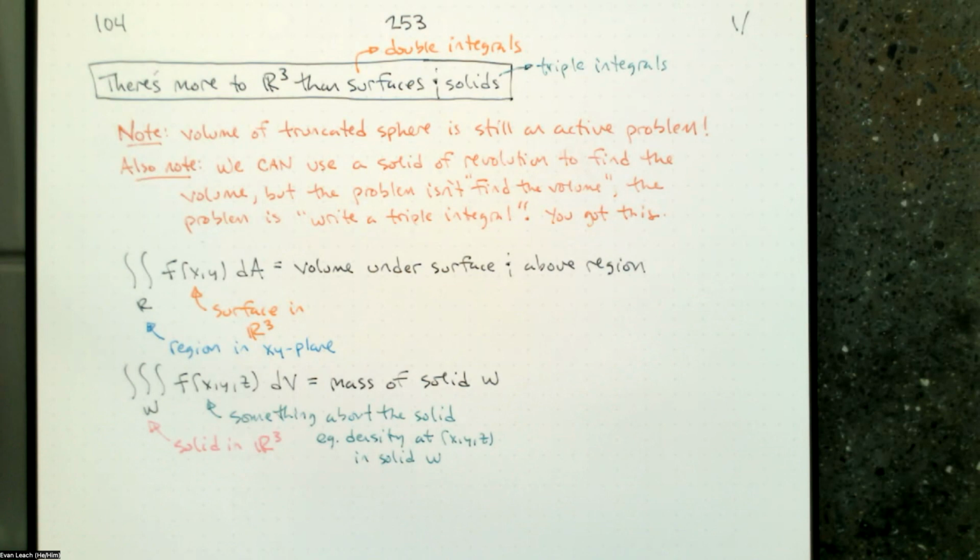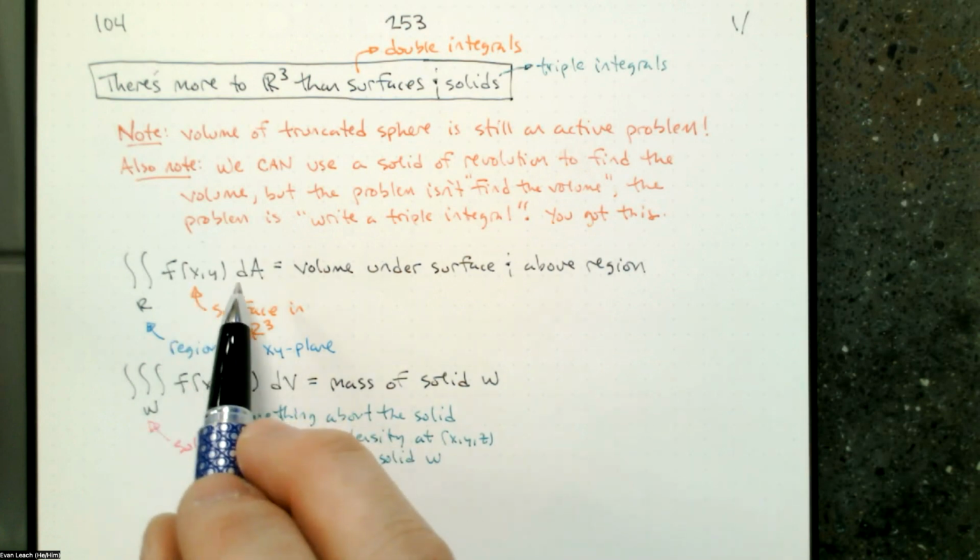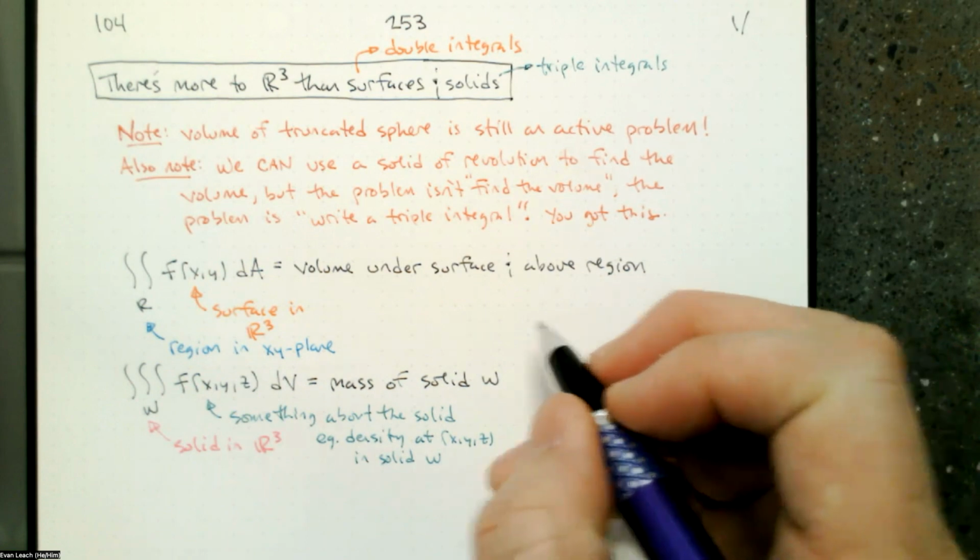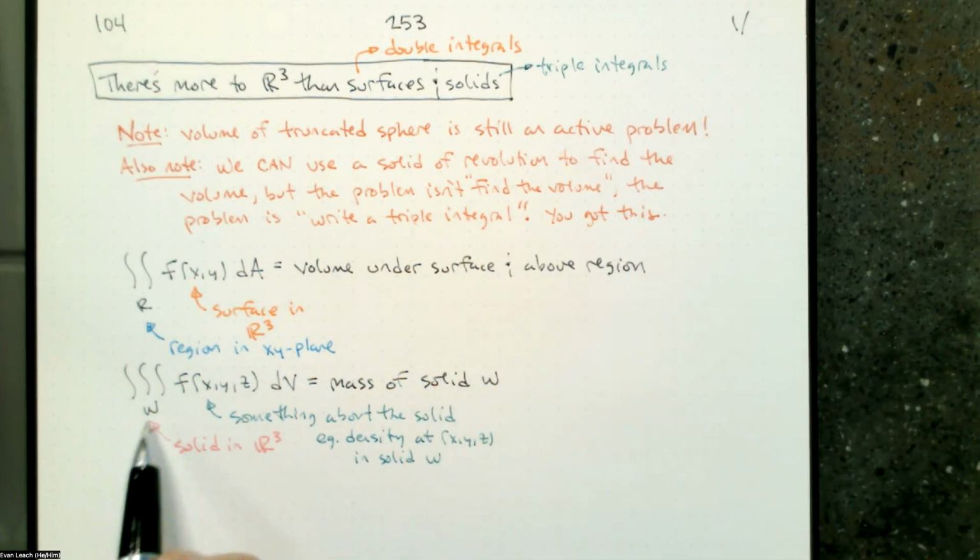So in both cases, the integral part is just, here's what we plug into the expression. R is a collection of points that we plug into the expression f of x y dA. W is just a bunch of points x, y, z that we plug into the expression f of x, y, z dV.